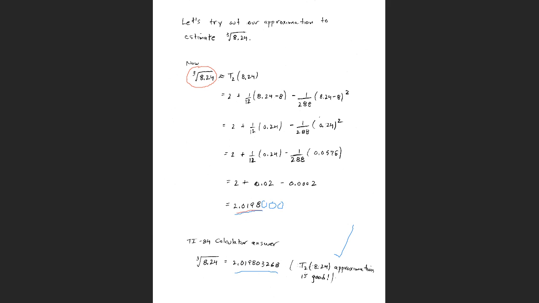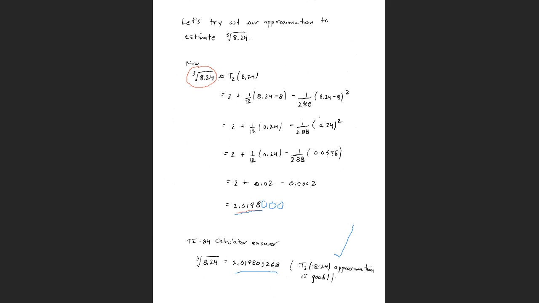Let me see, question on this, one moment. Tina asks, and this approximation works so long as x is between 7 and 9 because that was in our interval. Well, Tina, I did choose 8.24 because 8.24 is between 7 and 9.